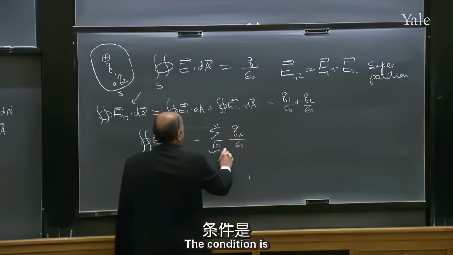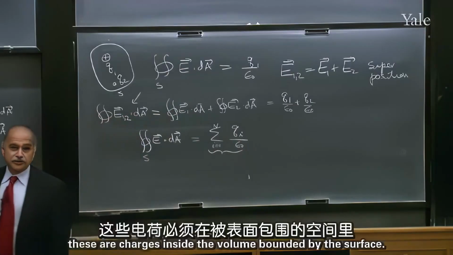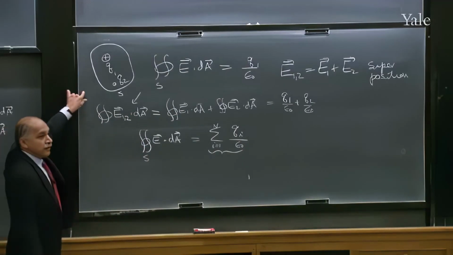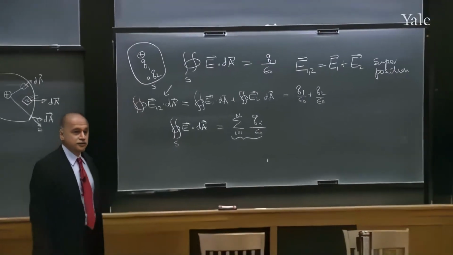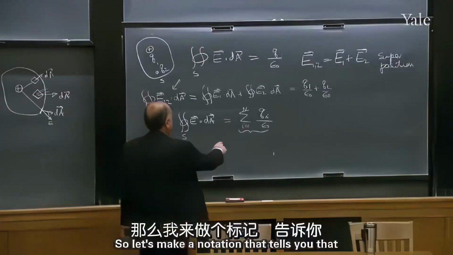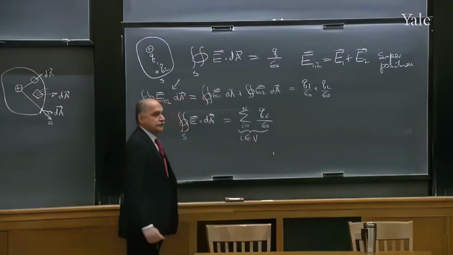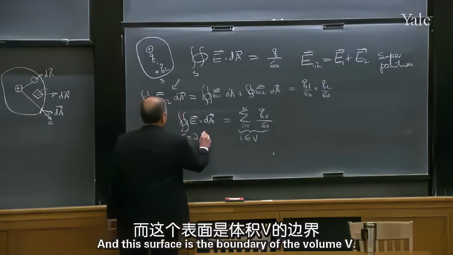The condition is these are charges inside the volume bounded by the surface. You do not count a charge here. You only count charges which are inside, not charges which are outside. So let's make a notation that tells you that i is inside the volume V. And this surface is the boundary of the volume V.